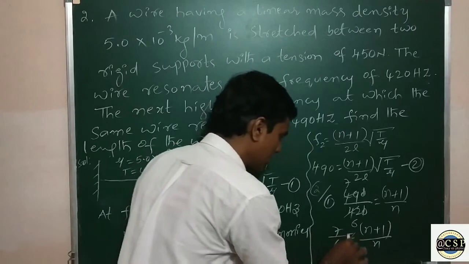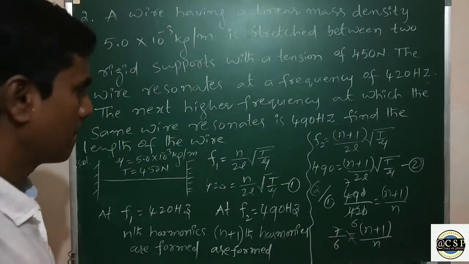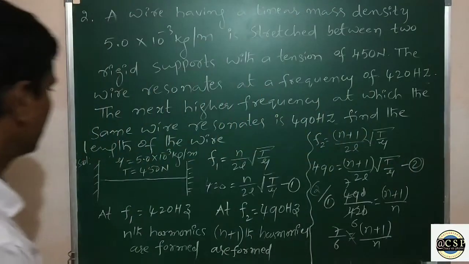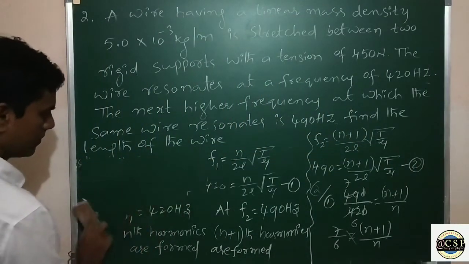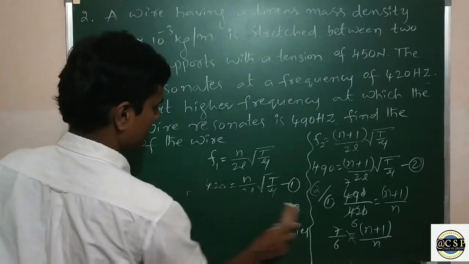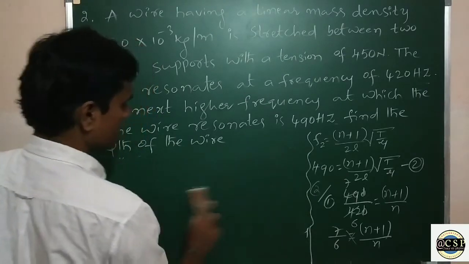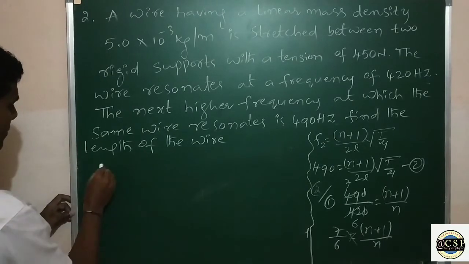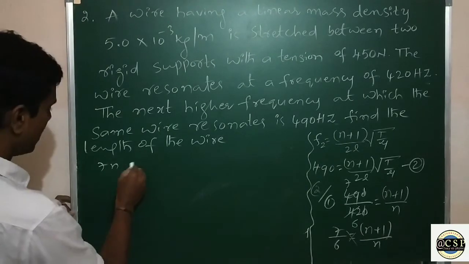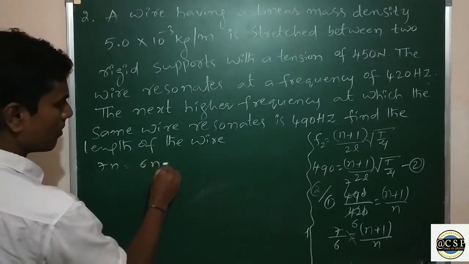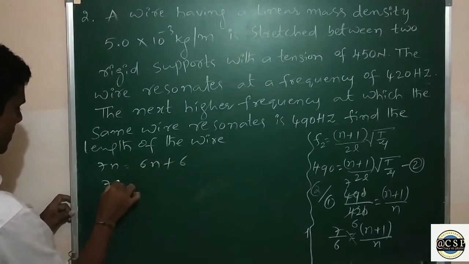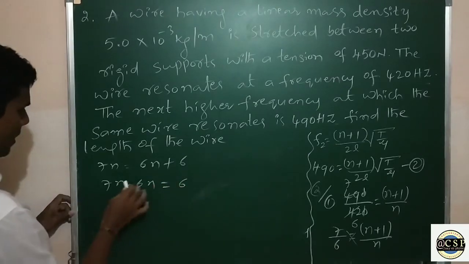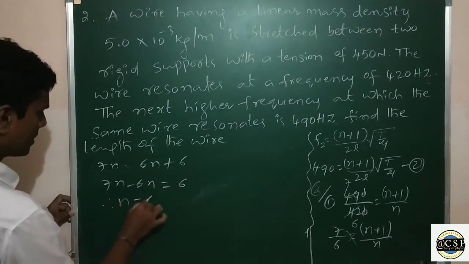Do cross multiplication: 7n is equal to 6n plus 6. 7n minus 6n is equal to 6. Here n is equal to 6.